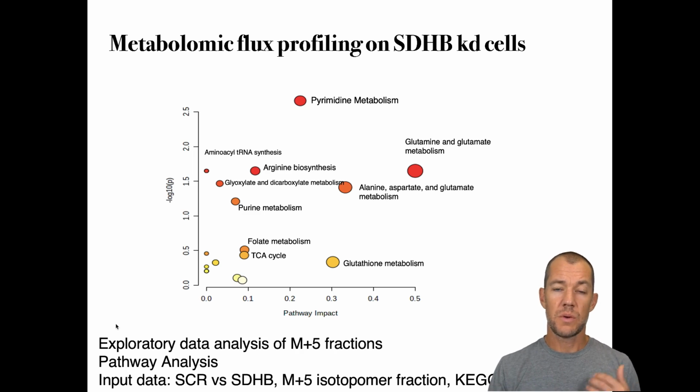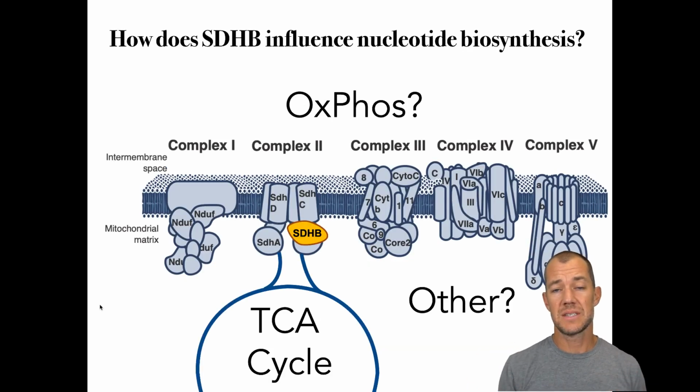And so while we don't yet know the mechanism of how SDHB is influencing these levels, it looks like the data from our resource predicted a role for SDHB that then our experimental evidence at the bench was able to validate.